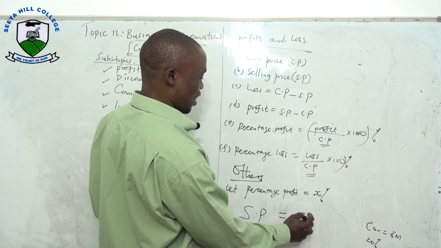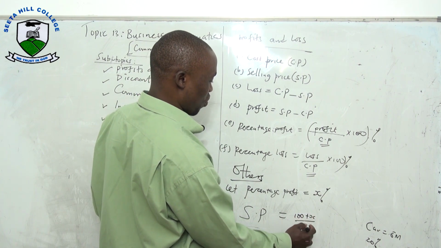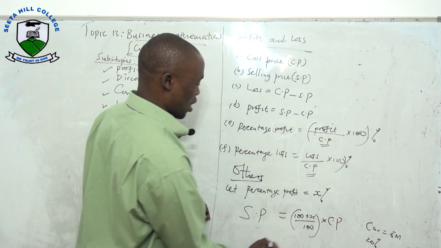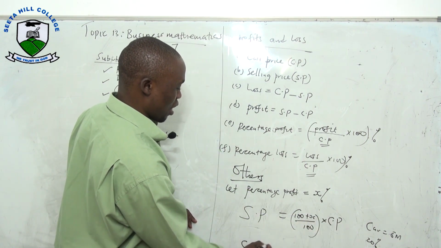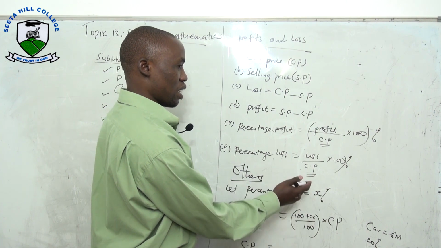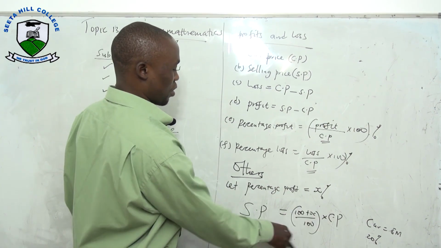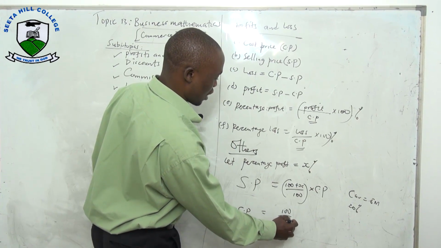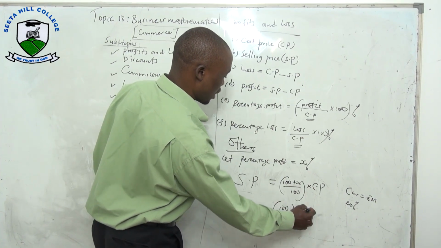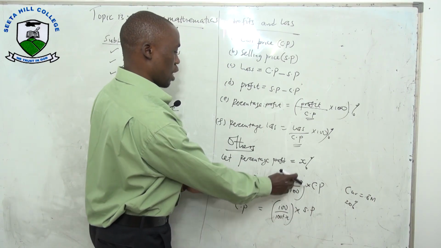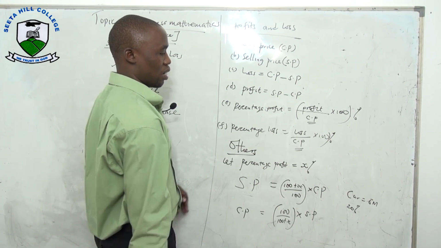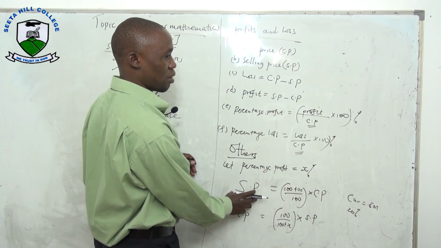100% plus X, out of 100, times the cost price. Now the cost price would be the other way around. I don't know if somebody would really understand that this would invert. This would now shift. This must come this side.